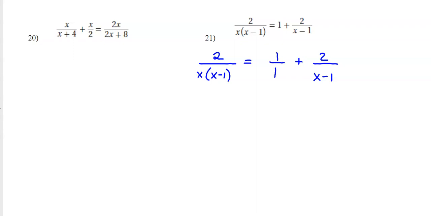So basically looking at it, I'm going to do this one a tad different just to show you another option. But my LCD is going to be x times x minus 1, because those are the only two terms that we have. So I gotta get rid of every single bottom by multiplying everybody by an x times x minus 1. So I'm just going to put that at the front, x times x minus 1.